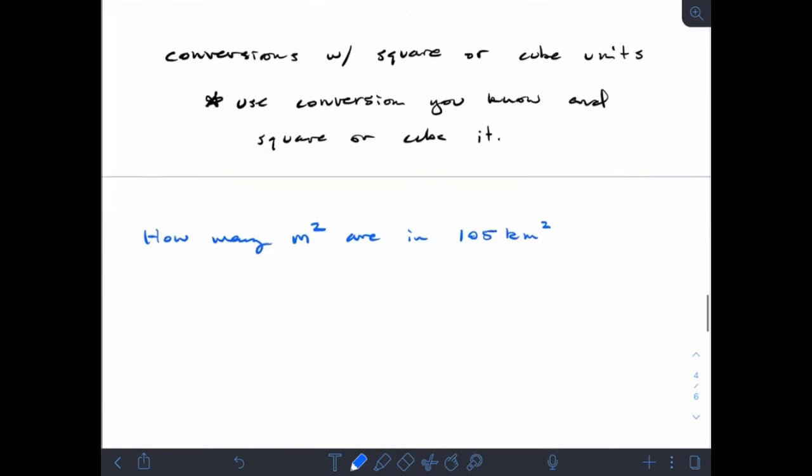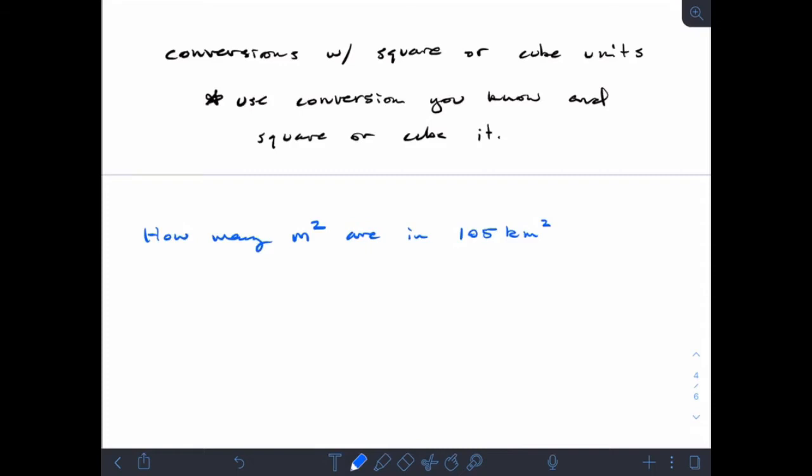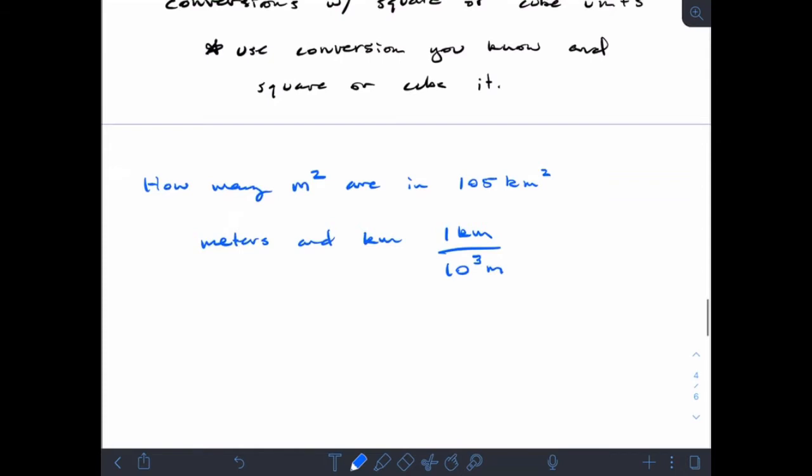The conversion that you know between meters and kilometers is 1 kilometer is 10 to the 3 meters. That's our conversion that we know, but we're dealing with square kilometers and square meters.